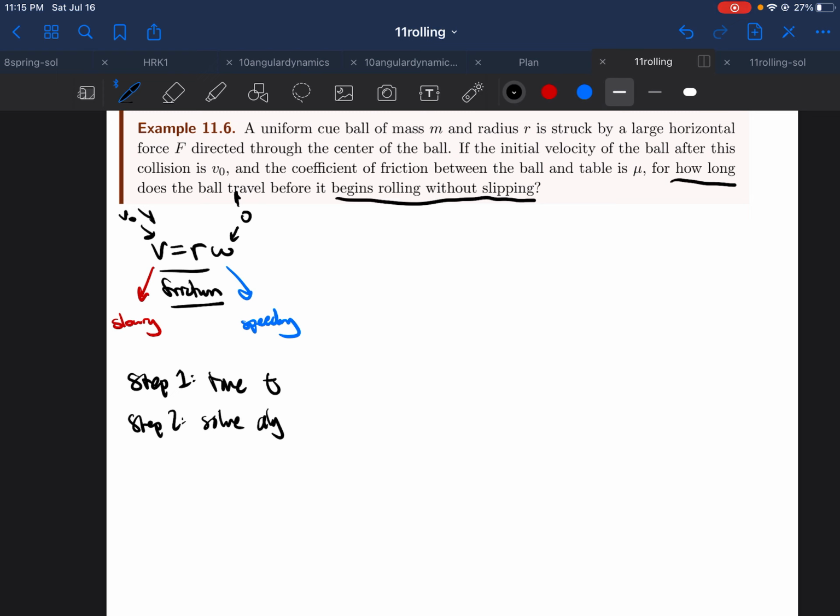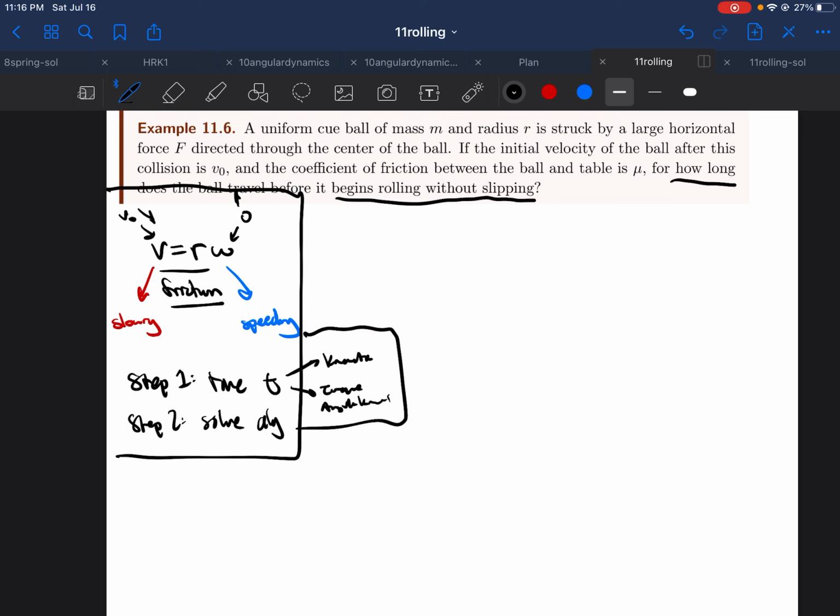Should be relatively simple. I should probably split this up: one way is kinematics, the other way is torque and angular kinematics. I'll improve this for the next video, don't worry about it. Anyway, let's get started.